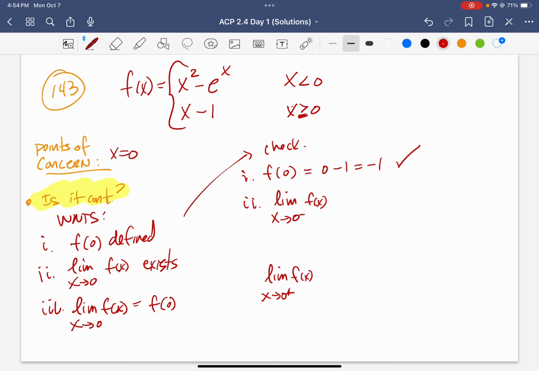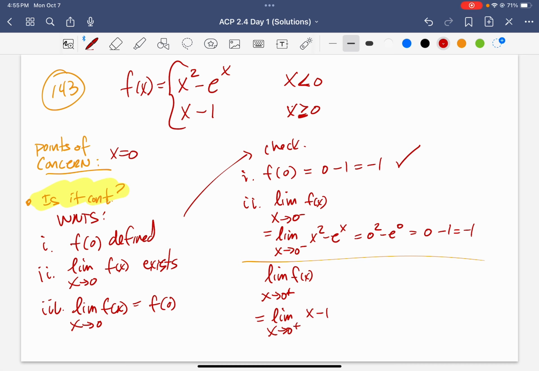So if I come from the left, this is just equal to, I'm going to use the top piece, because that's where x is less than 0. x squared minus e to the x. So when you plug in 0 into this, you get 0 squared minus e to the 0, which is 0 minus 1, which is negative 1. As you come in from the right, it's this piece.